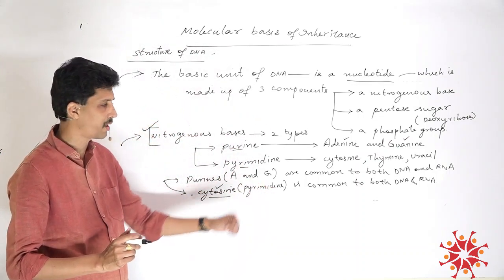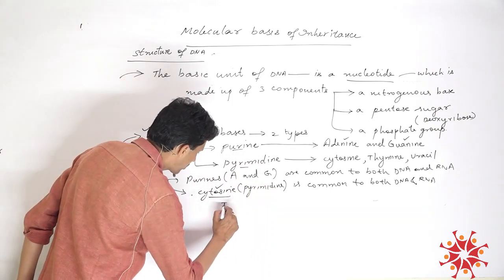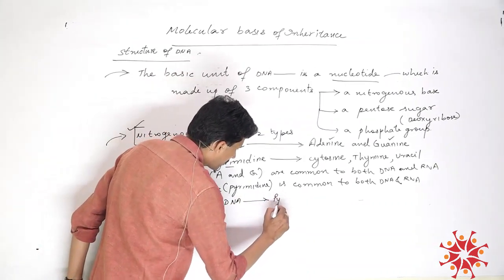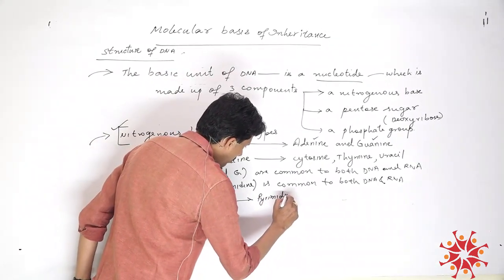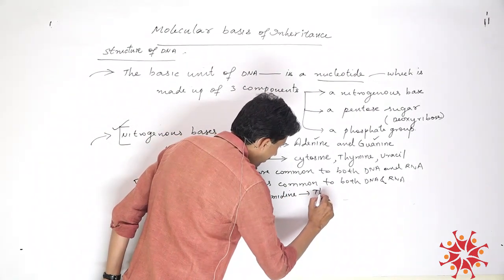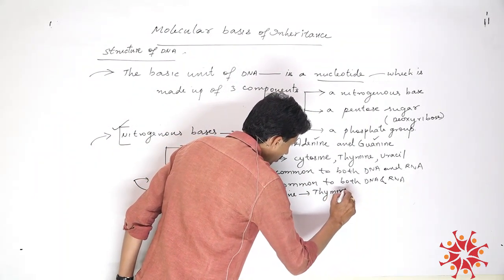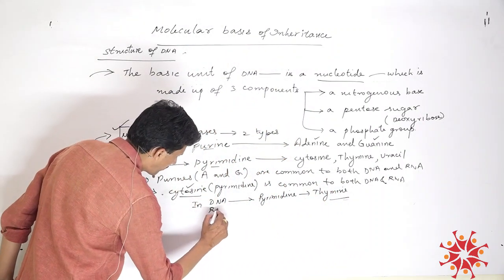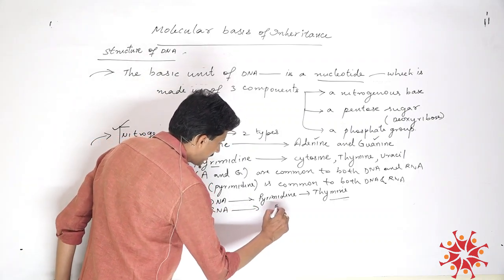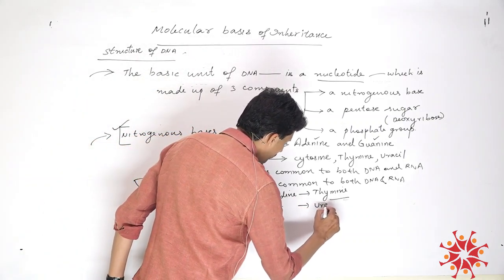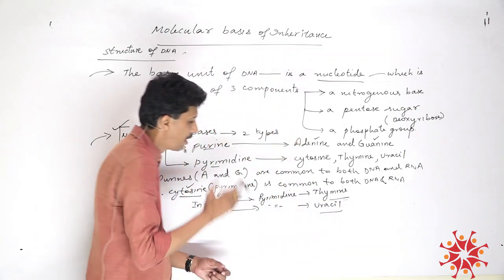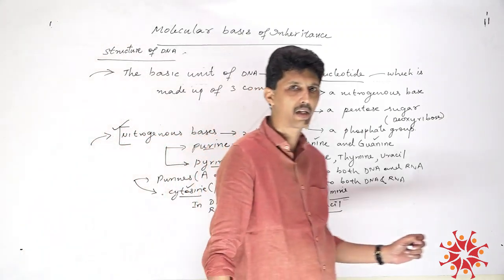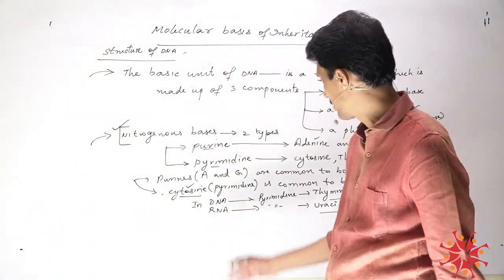Though purines, adenine and guanine, are common to both DNA and RNA, only the pyrimidine cytosine is common to DNA and RNA, because in DNA, in addition to cytosine you have thymine, right? But in RNA, instead of thymine you have uracil. So the common pyrimidine to both DNA and RNA is cytosine.